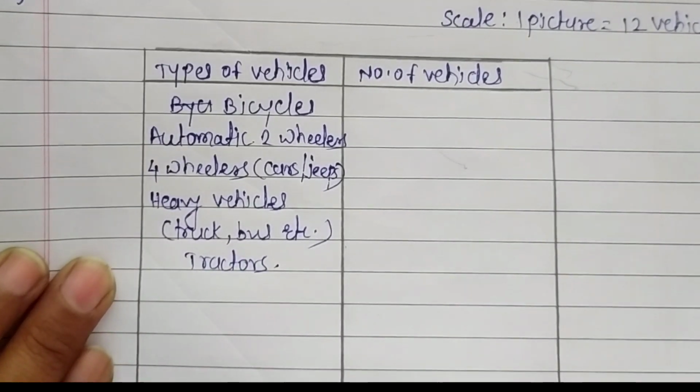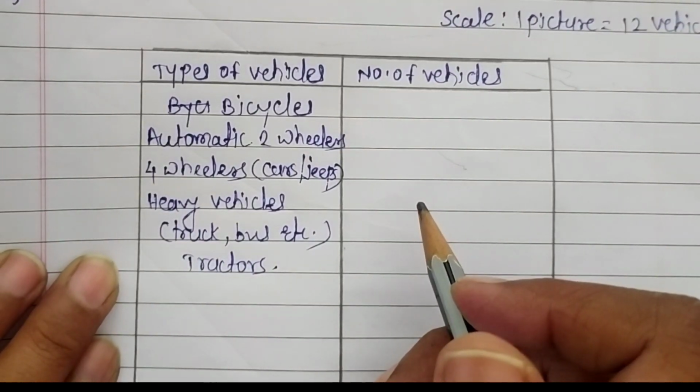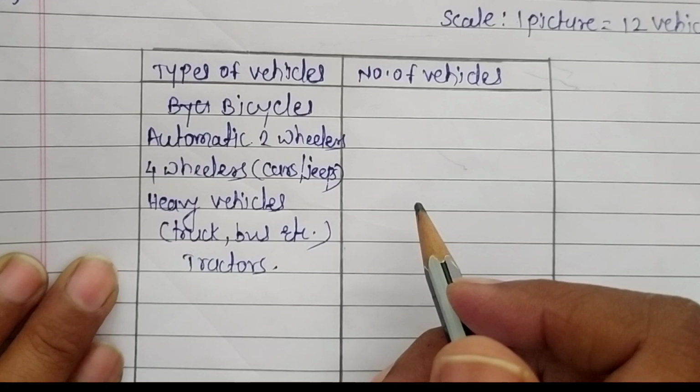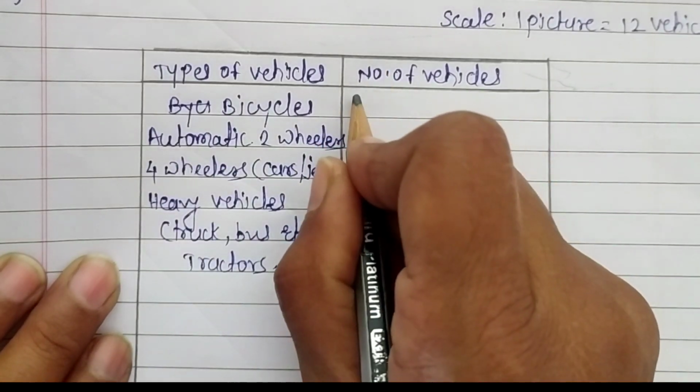Now let's draw here the pictures for our vehicles. Bicycles have 84 in number and we have to draw 7 pictures for it.